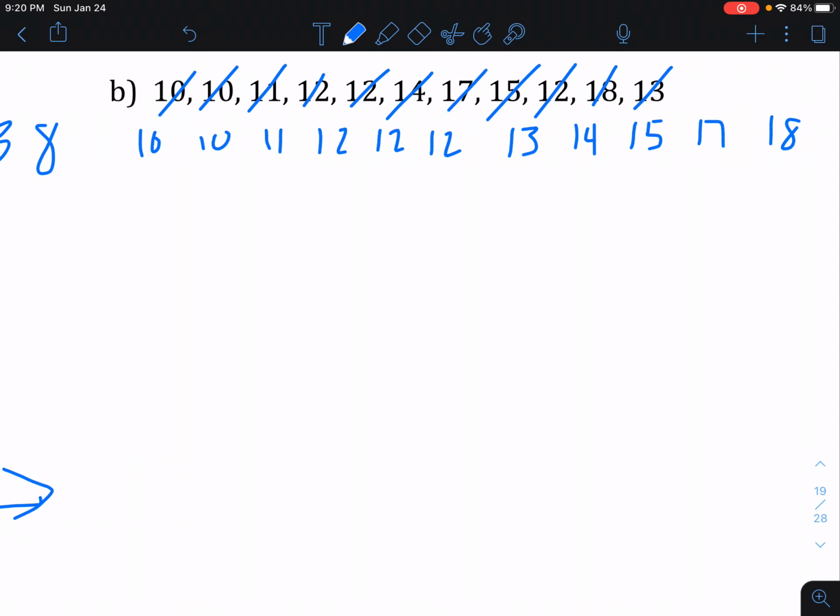So then my middle number of those, just counting inward, would be right here. That's my median.